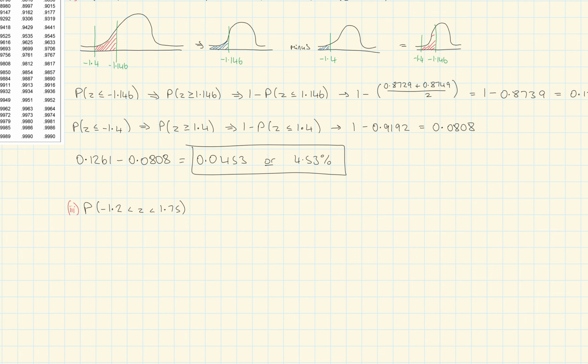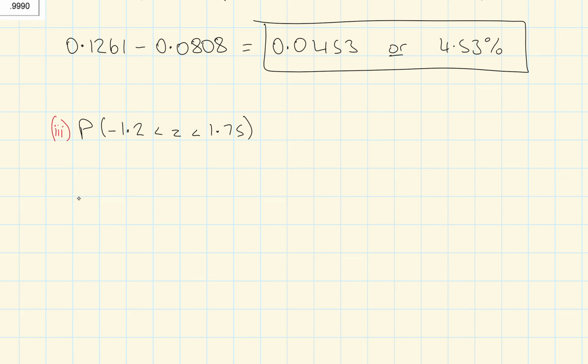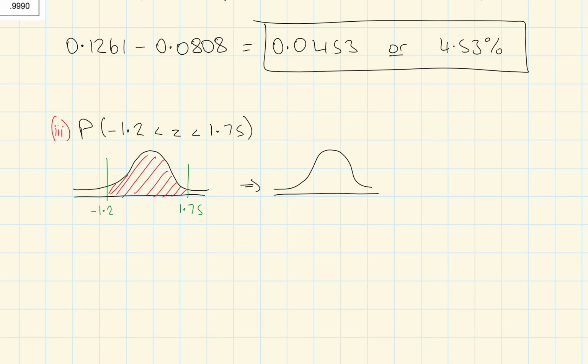Okay, so as always, we're going to draw a quick sketch, figure out what we're being asked to find. So we have here minus 1.2, up here then 1.75, and they want the area in between. That's fine, so we know we can figure out the area to the left of 1.75. We can't figure out the area to the right of minus 1.2. So what's going to happen then is we'll figure out the area to the left of 1.75.